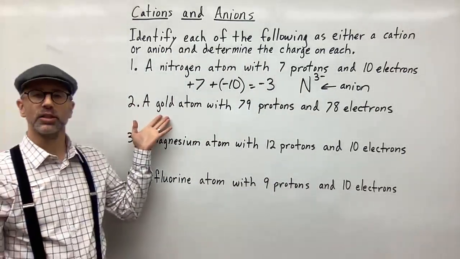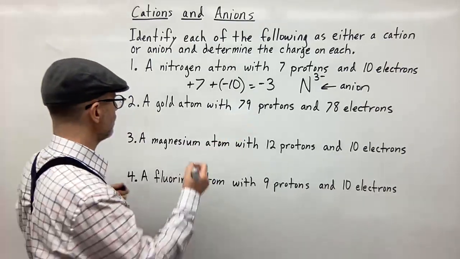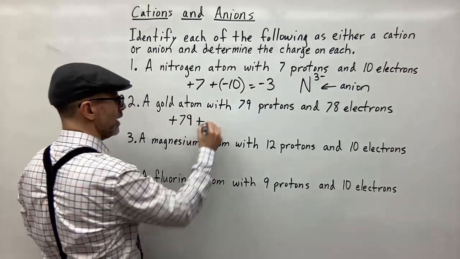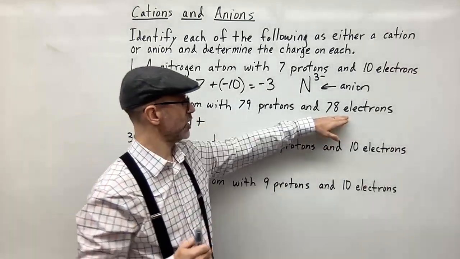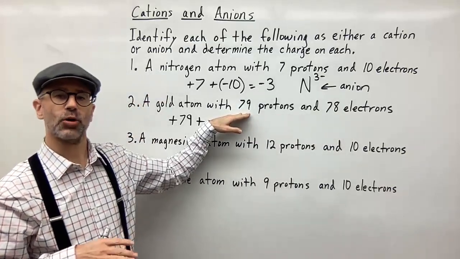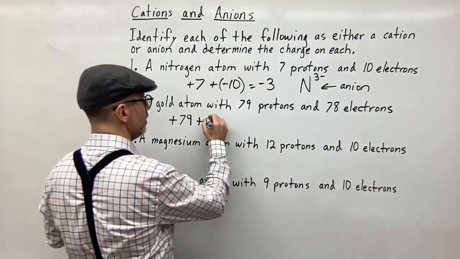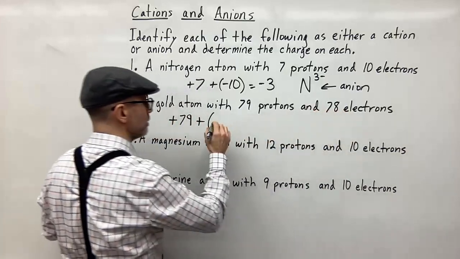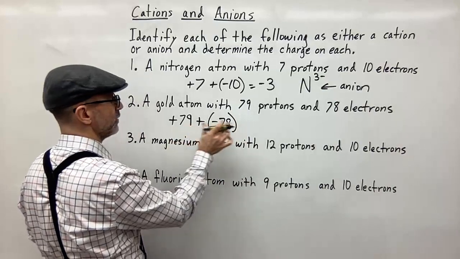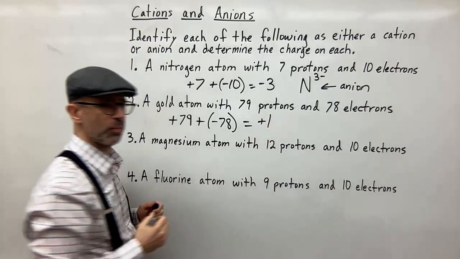Next we have gold. A gold atom has 79 protons, so that's 79 pluses, a plus 79. And we have 78 electrons. Notice that we have fewer electrons than protons, so we're going to have an overall positive charge. Each electron is negative, so that's a -78. We add the positive 79 to the negative 78, and we have an overall +1.